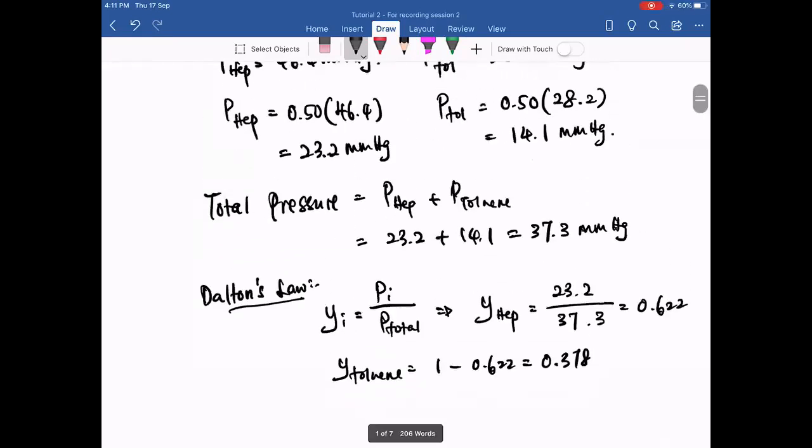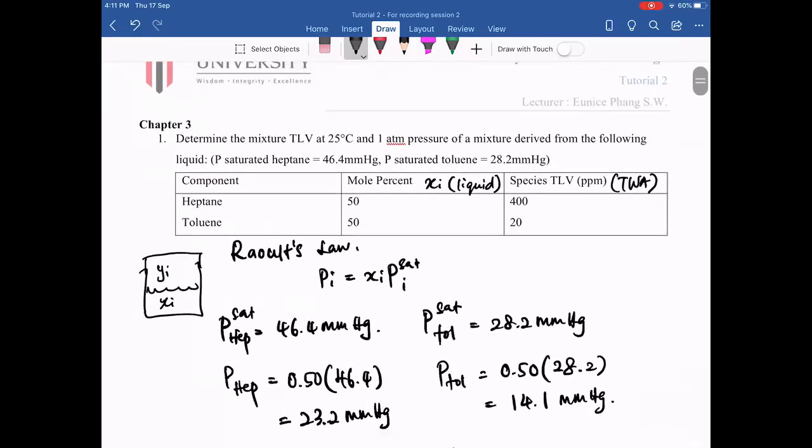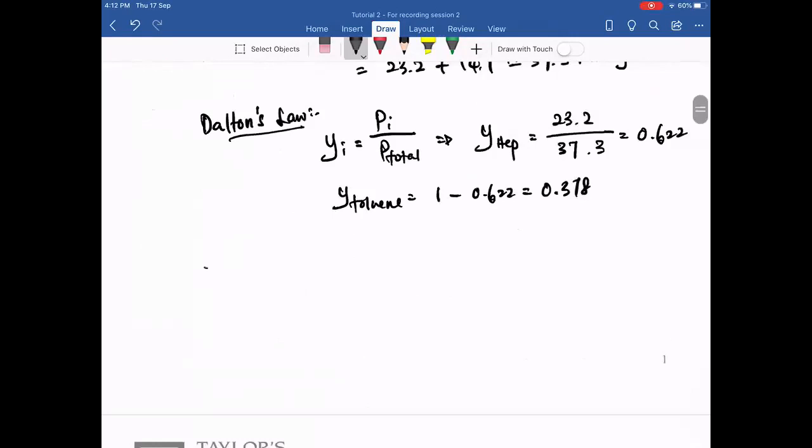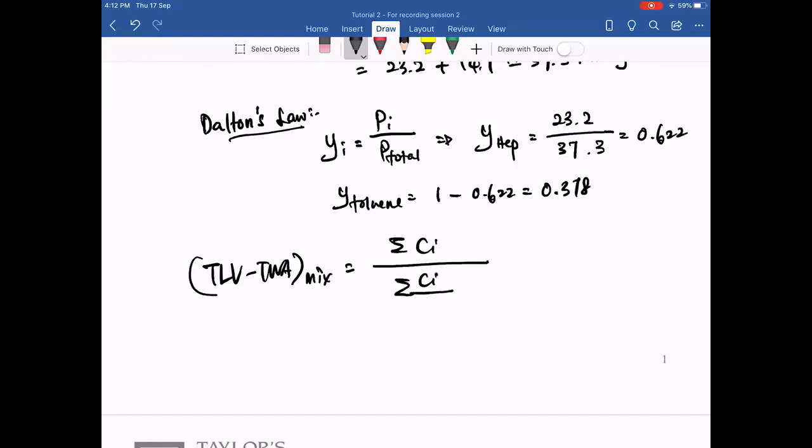Okay, so the question wants us to calculate what is the TLV mixture. And we also know that TLV, TWA mixture is your total concentrations divided by the sum of Ci over TWAi.